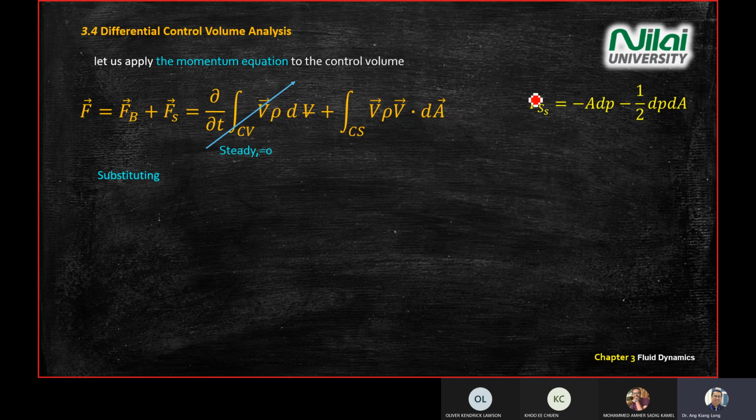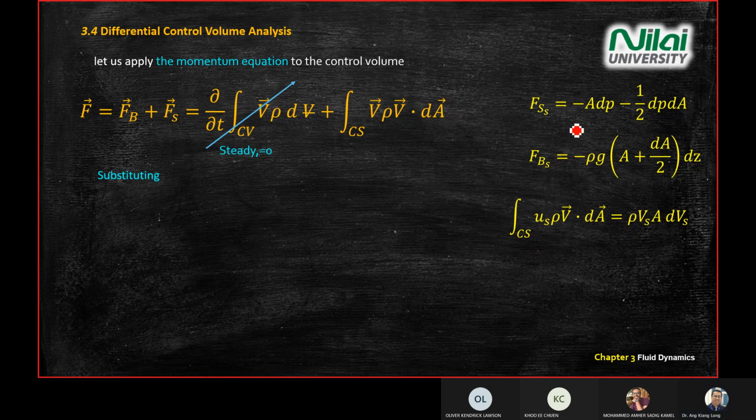You have your FSS, you have your BS, you have your integration of U rho V dot dA. You assemble all these three together into this equation. It's a very lengthy equation, but it's just an assembly of what we derived just now.